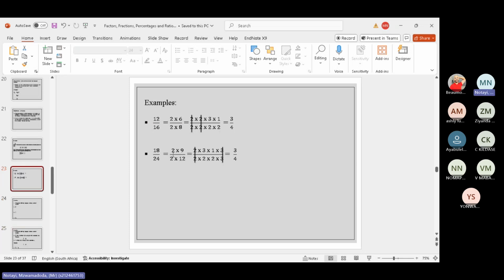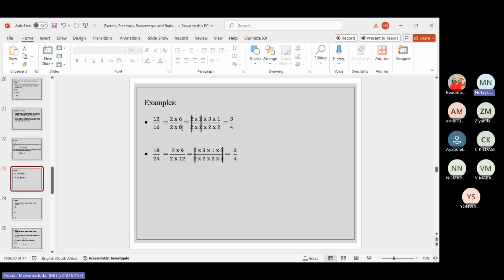Let's look at other examples. We're given 12 divided by 16. So let's write it in its simplest form. We have 12, which can be written as 2 times 6. And we know 6 can also be written as 2 times 3. So the prime factors will be 2 times 3 times 1. You can even not write that last one, that is times 1.